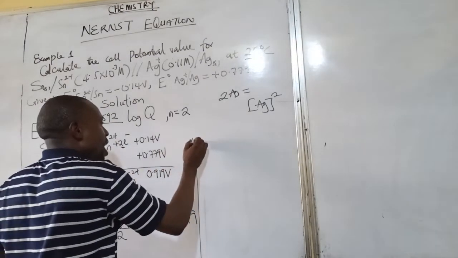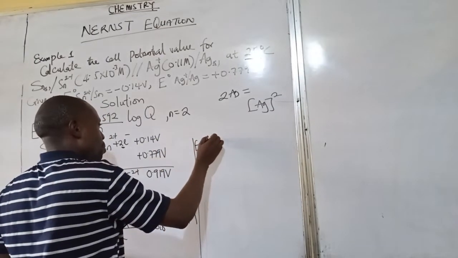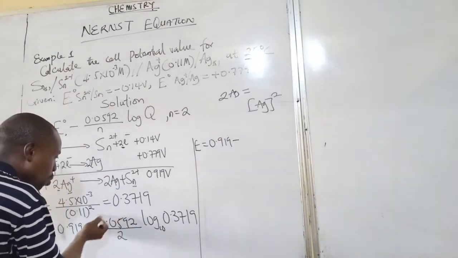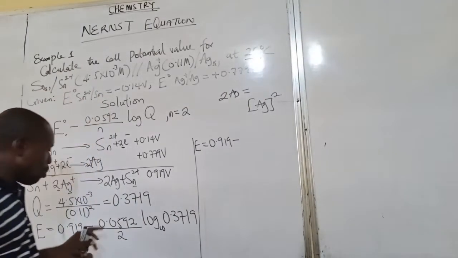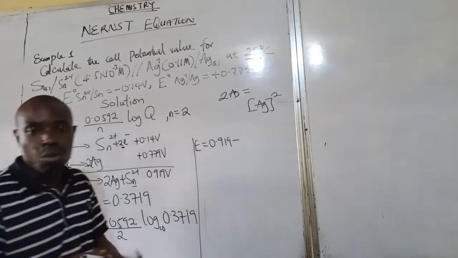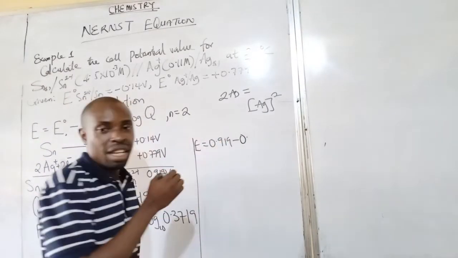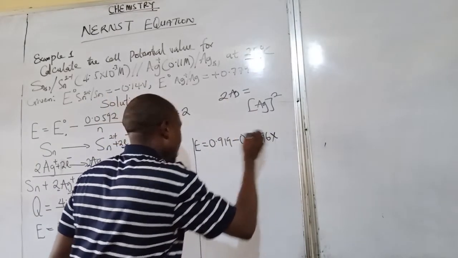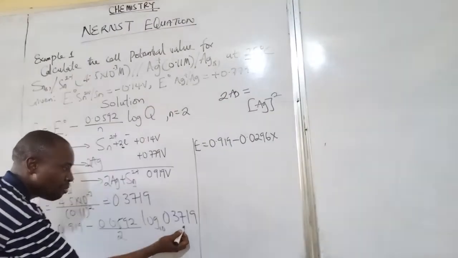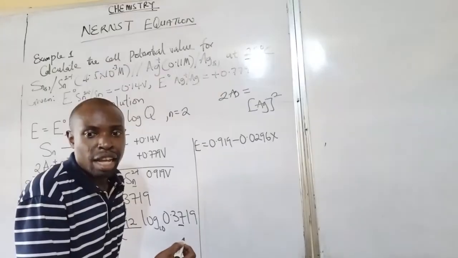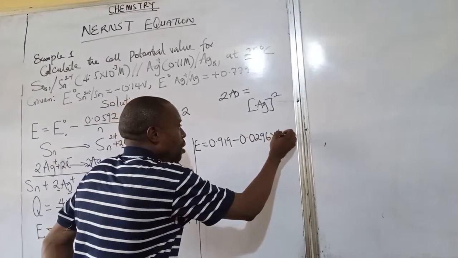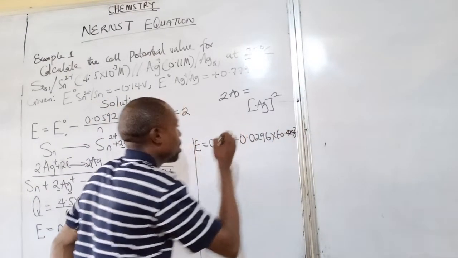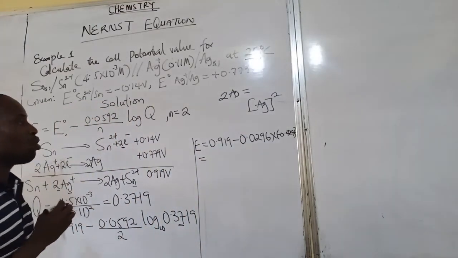Now E is equal to 0.919 minus, when you resolve 0.0592 divided by 2, you should be having 0.0296 times the log of this value, which gives minus 0.4296.